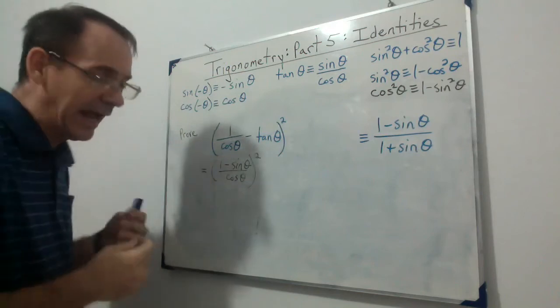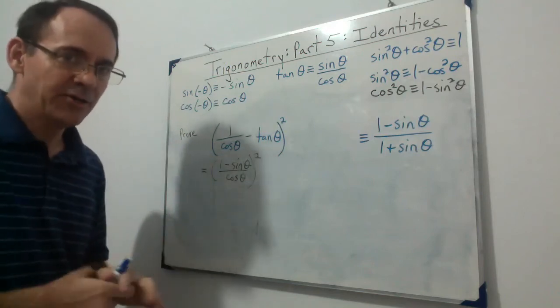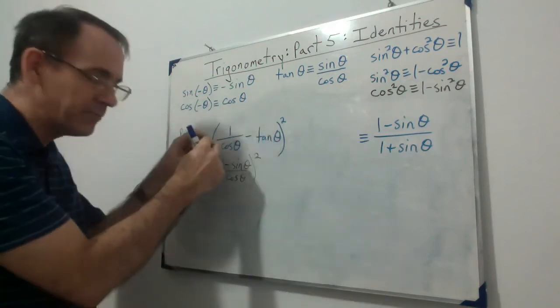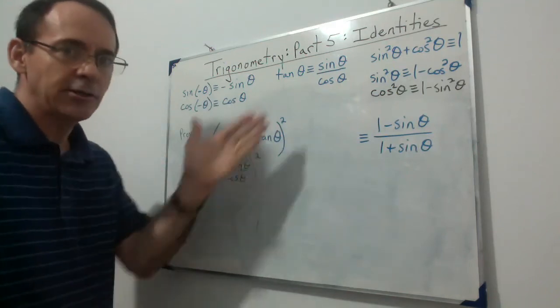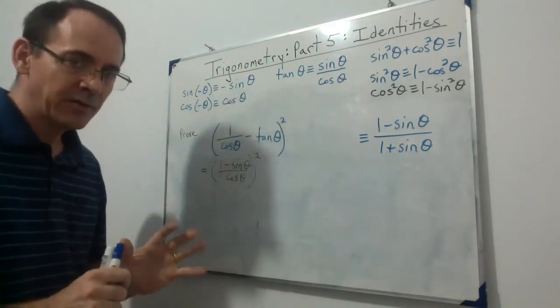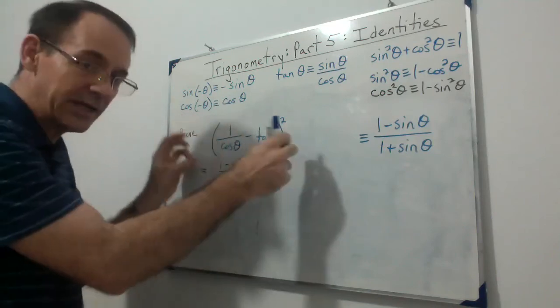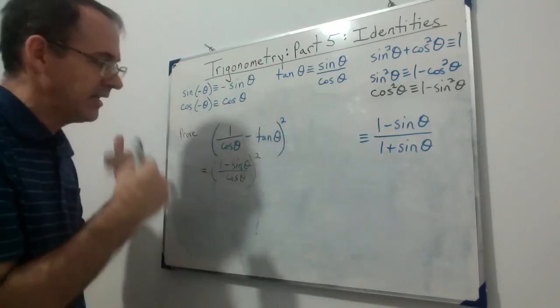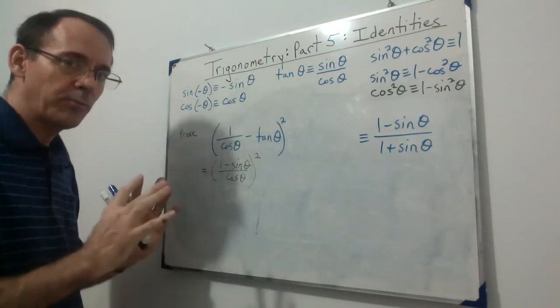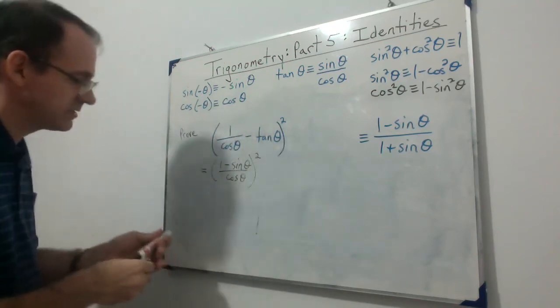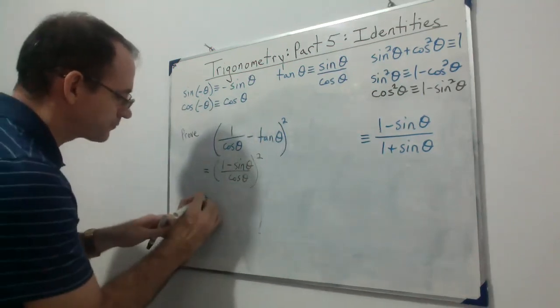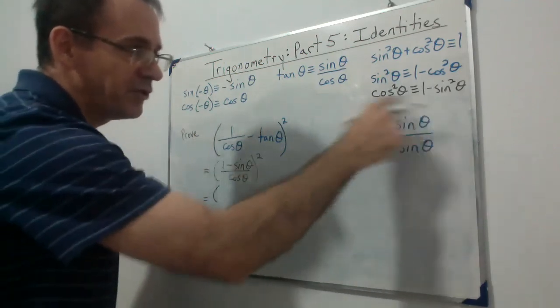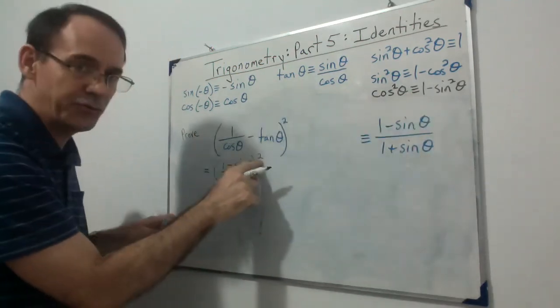And we already have a 1 minus sine. So if we expand it, if we multiply it out, we're going to lose that. We don't want to lose it. So while normally we would expand and simplify the top, in this case, we're going to hold back and wait and see what happens.